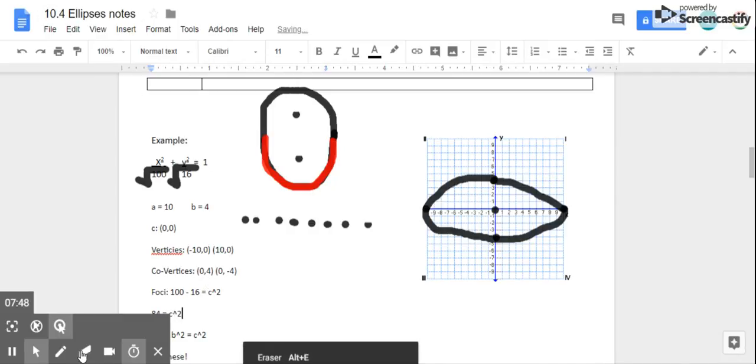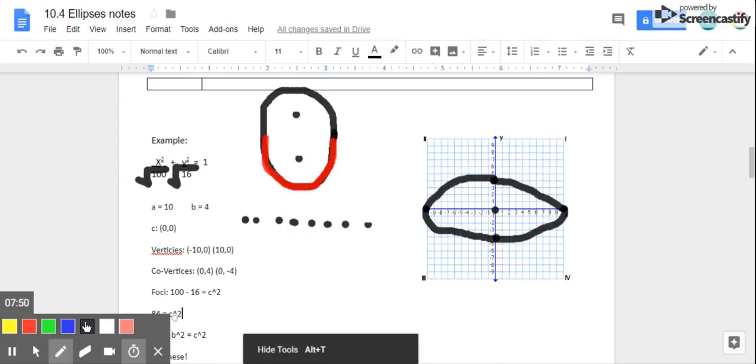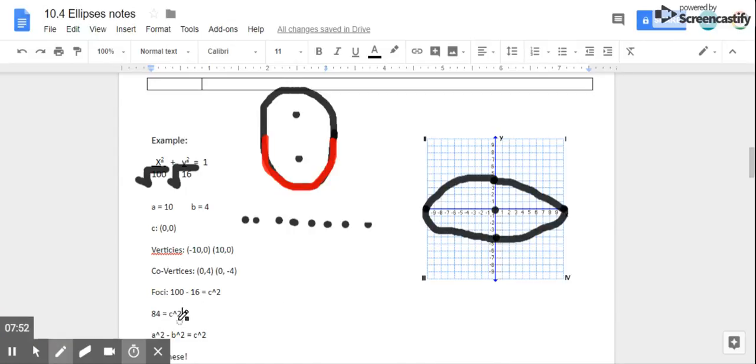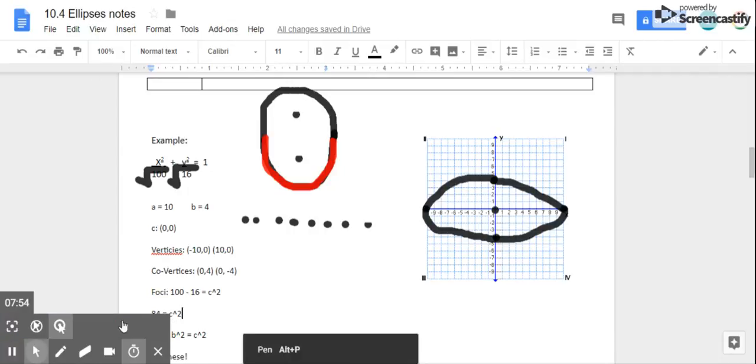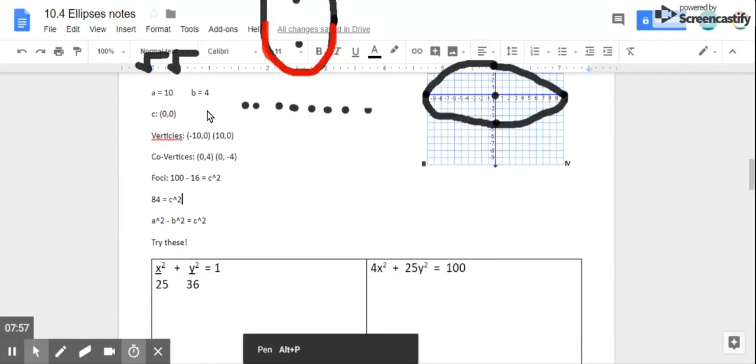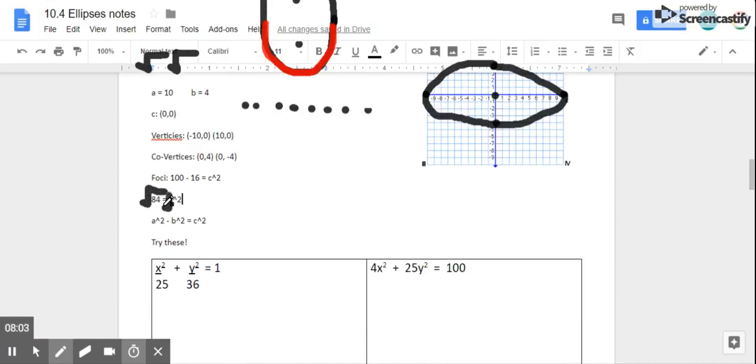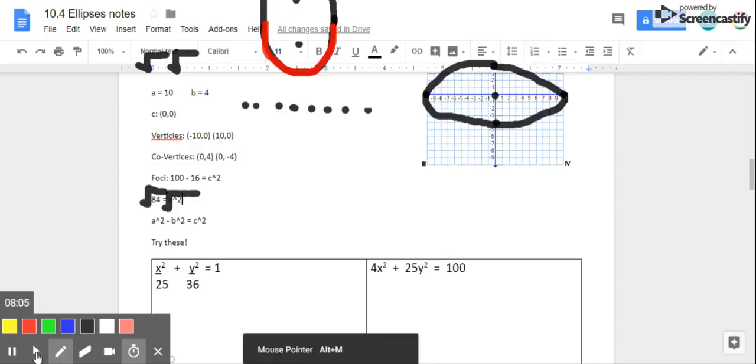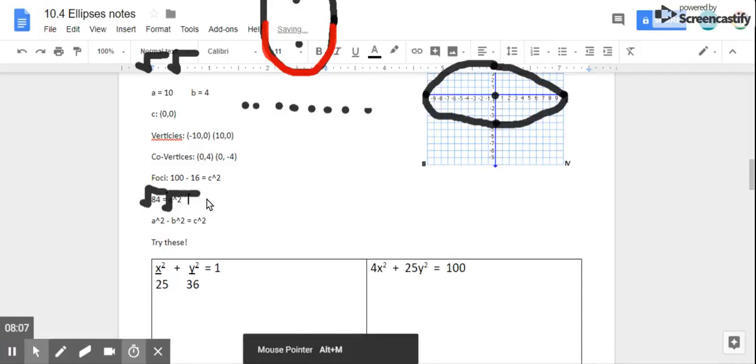C squared. How do you get rid of a square? Do you remember? Let me scroll up a little bit. So how do you get rid of the square? You would square root both sides, right? So square root. So now you get 84, square root of 84 equals c.